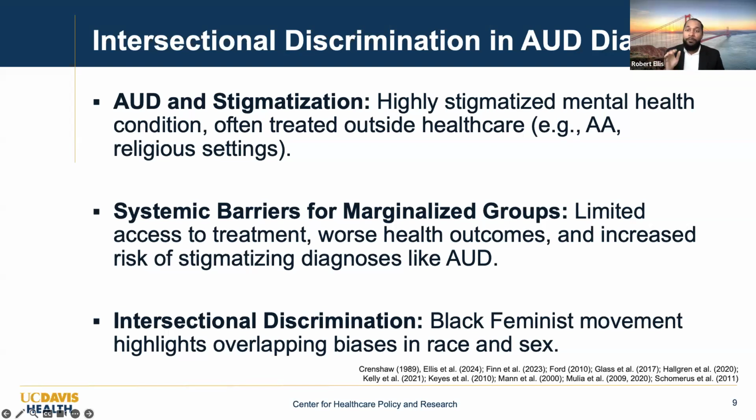For instance, a Black woman patient from a lower socioeconomic status may have a different experience than a white woman from a higher socioeconomic status. Therefore, to move towards equitable treatment for AUD in primary care, a critical first step is ensuring that we have equitable diagnosis of everyone.